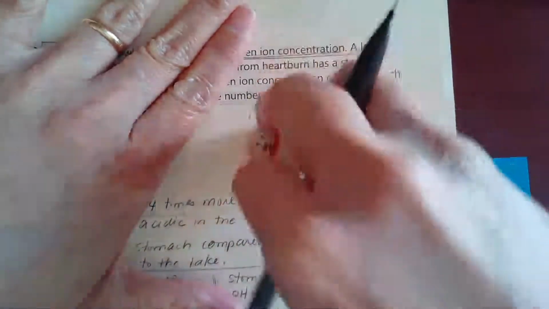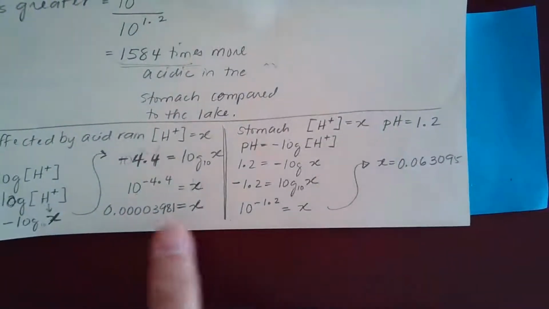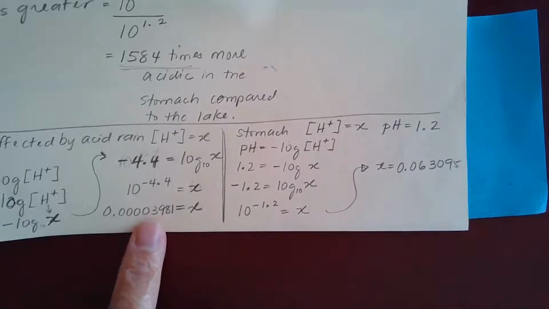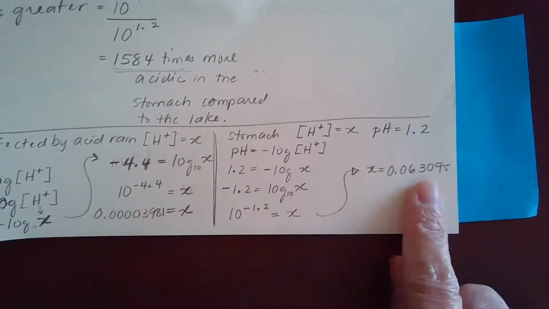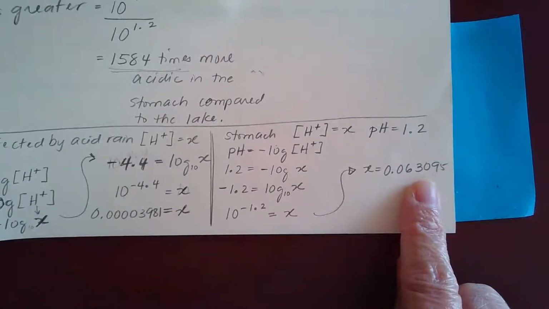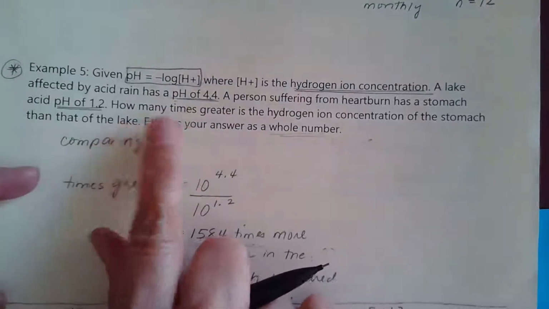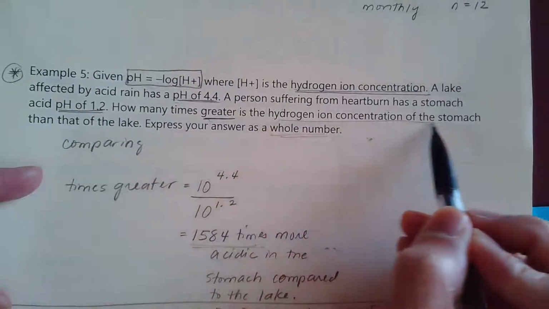So what we're going to do, erase this part here, is that you got these two numbers, the concentration of hydrogen ion in the lake, and this is the concentration of hydrogen ion in the stomach. But the question is, how many times greater is the hydrogen concentration in the stomach?